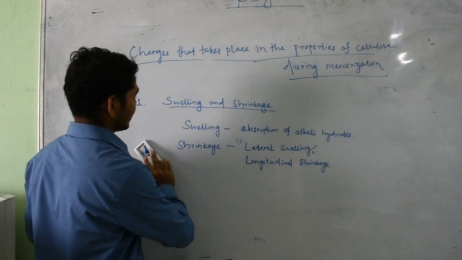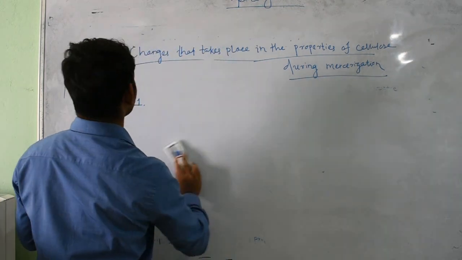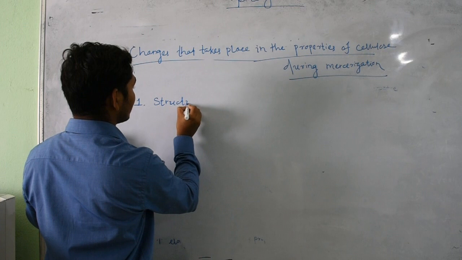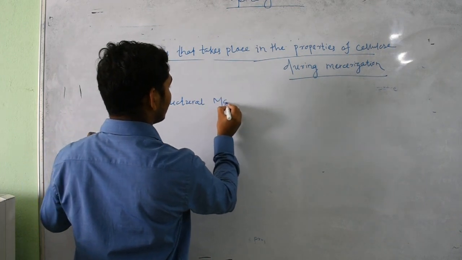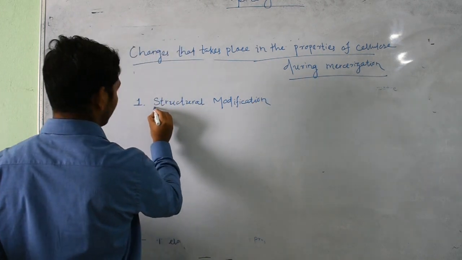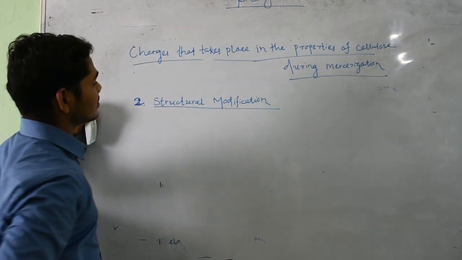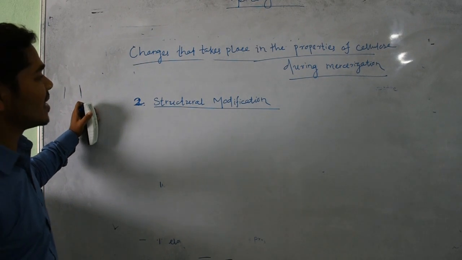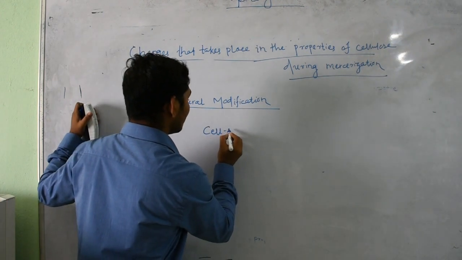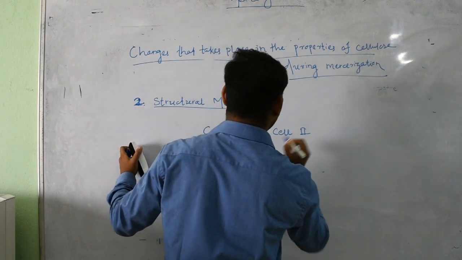Now the next change that takes place is structural modification. This is the most important point. Here, the chemical structure of cellulose is changed from cellulose 1 to cellulose 2.